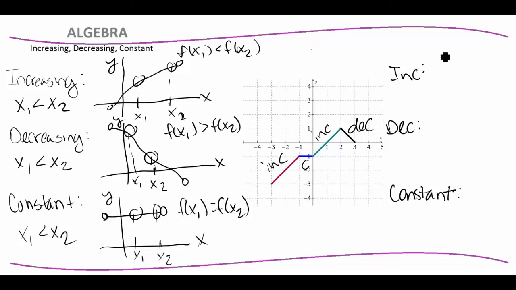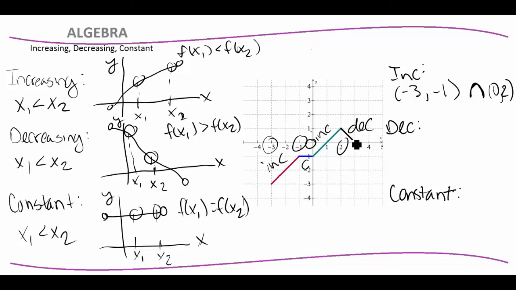So let's start off with increasing, and we're going to write this in interval notation. Increasing on this red line is, for the x values, -3, comma, -1. And our symbol for "and" is like an N. It looks like an N. The green line is from 0 to 2.